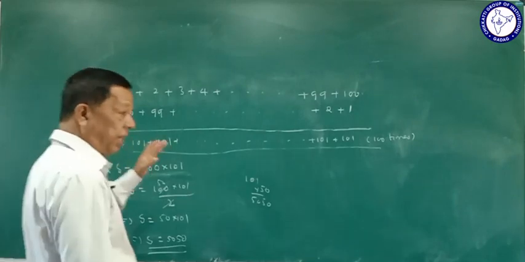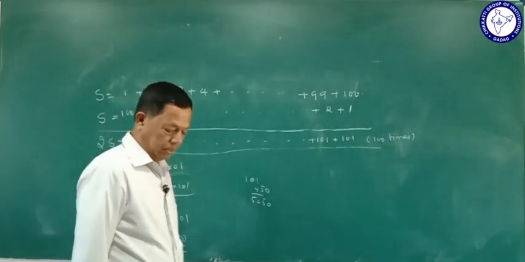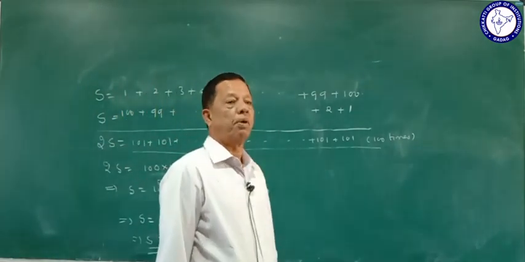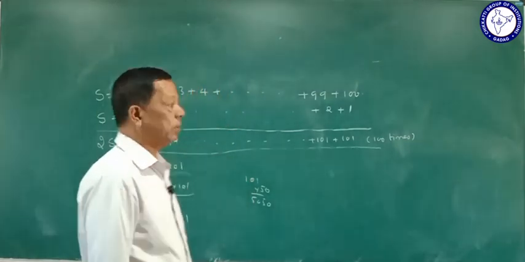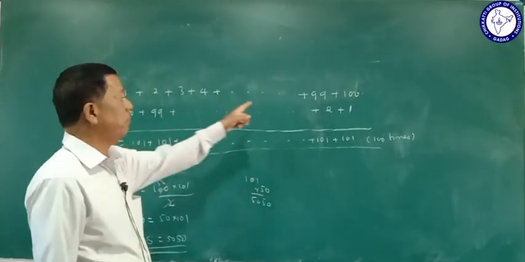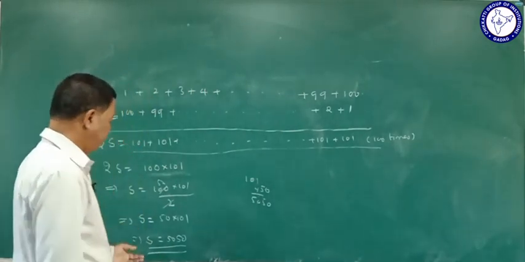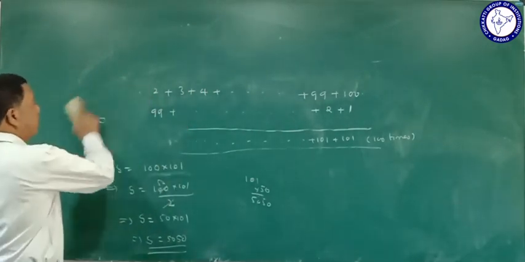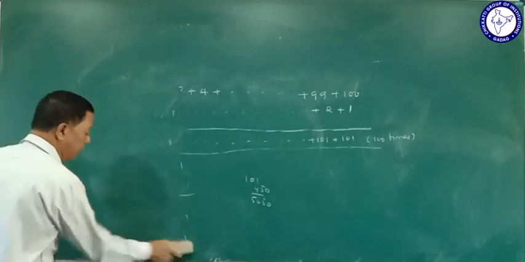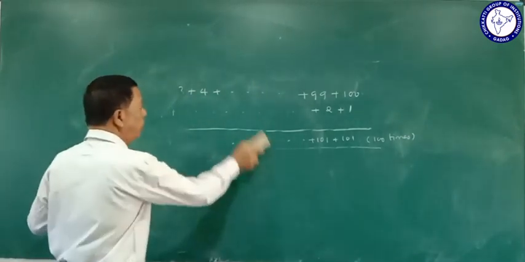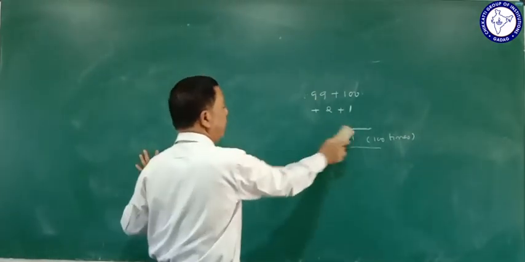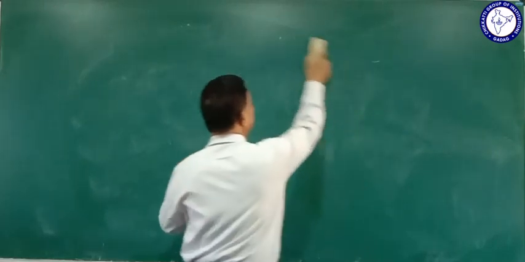This technique is used to find the sum of n terms of an AP. And of course, these numbers are in AP, arithmetic progression. As you know what arithmetic progression is, here we have to calculate the sum to n terms of an AP. See how that is to be done.